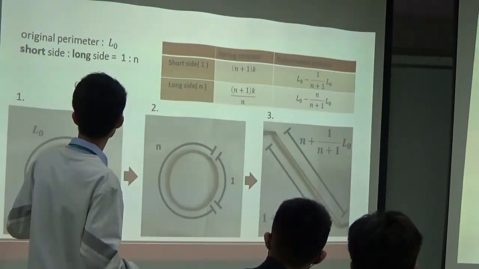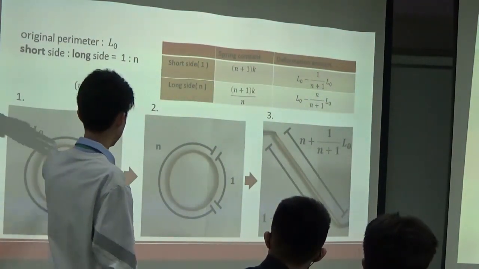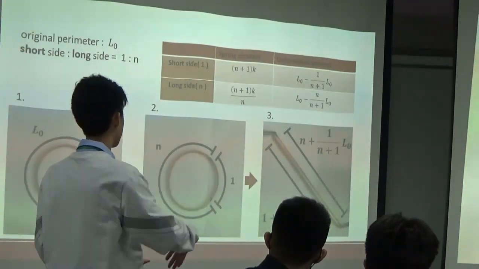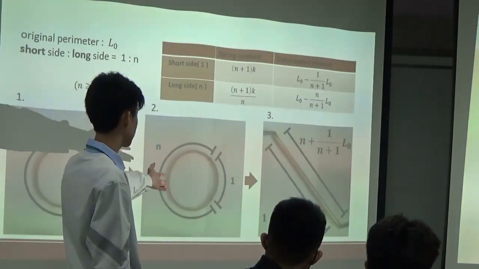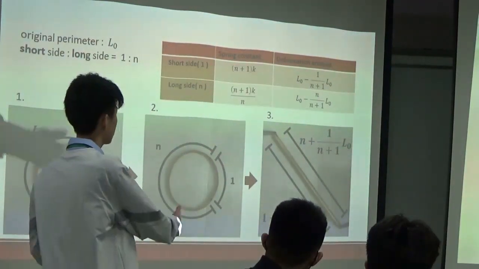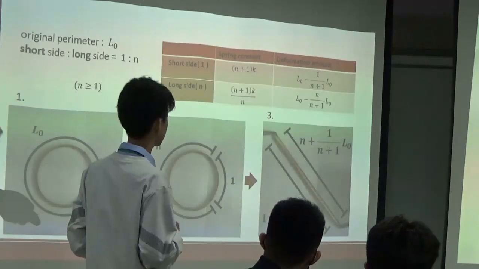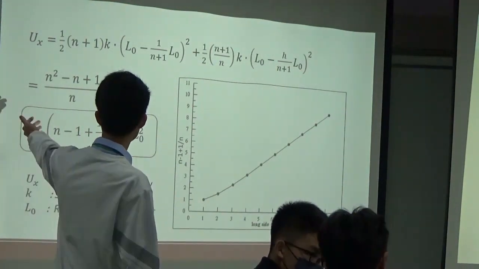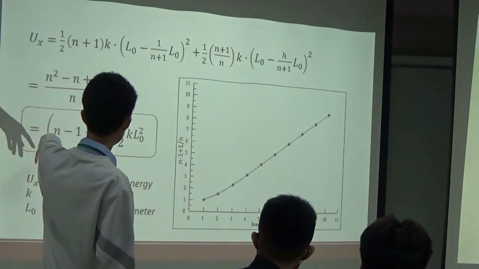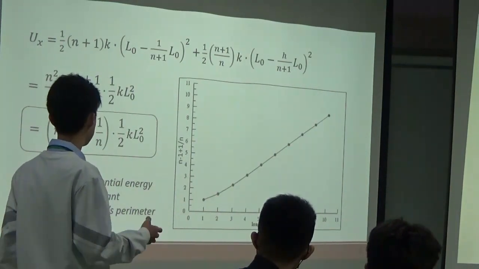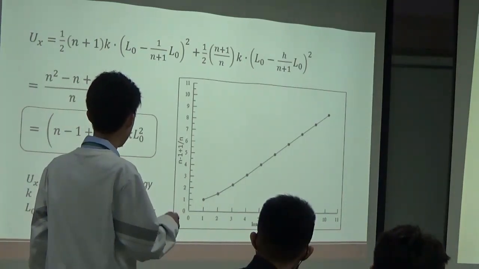And this is the original parameter, the LD, which equals the ratio, the short side as 1 and the long side as n. When you stretch, it is just like the refrigerator spring, with the front being the short side and the long side, the spring constant, and the deformation amount. So I derived the result, and I got this answer: n minus 1 plus 1 over n, times 1/2 k L0 squared.